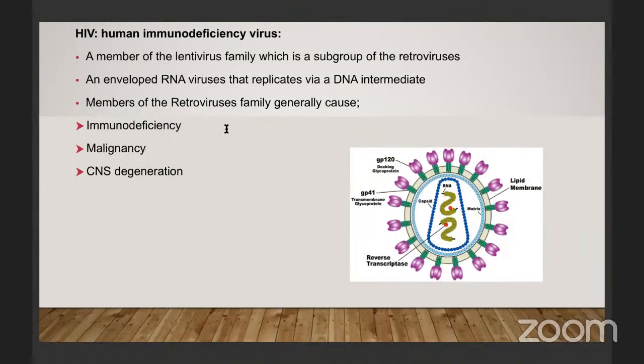So HIV comes from the lentivirus family, which is a subgroup of the retroviruses. It's an enveloped RNA virus that replicates via a DNA intermediate. So members of the retrovirus family generally cause immunodeficiency, malignancy, or CNS degeneration.